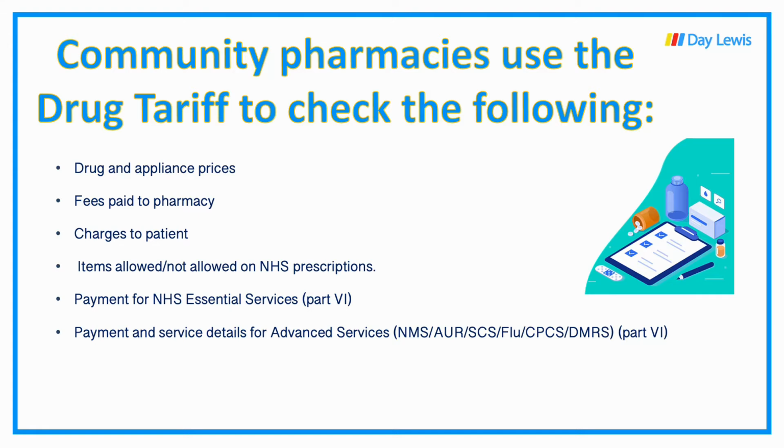The payment for essential services can all be found in the drug tariff as well, looking at your pharmacy contract, but also anything for advanced services like your New Medicine Service, any NHS flu vaccinations you've been doing, any CPCS referrals from 111. All of those, and the payment and fees associated with these advanced services, can be found in the drug tariff under Part 6.